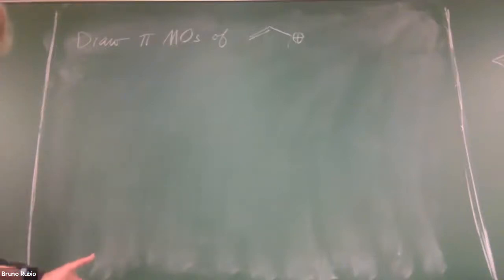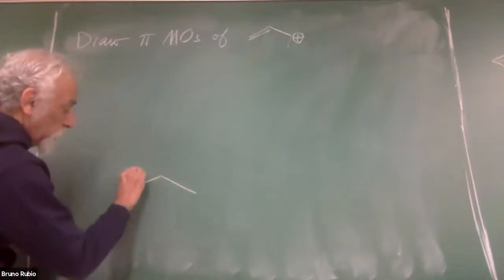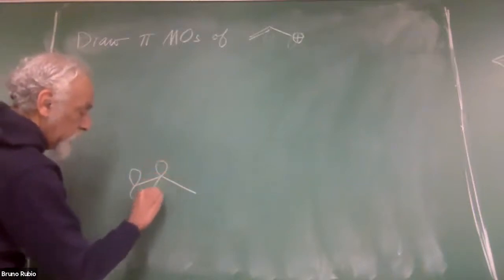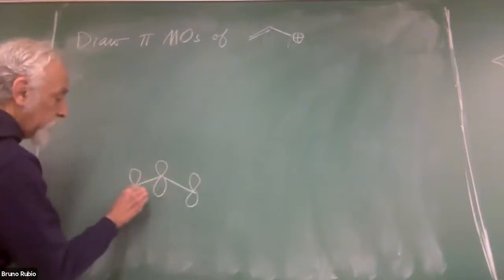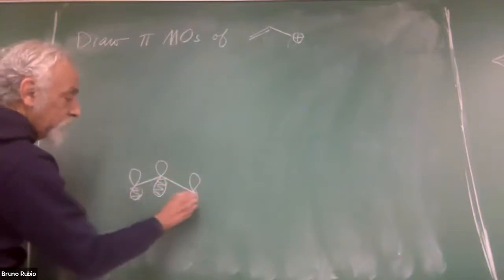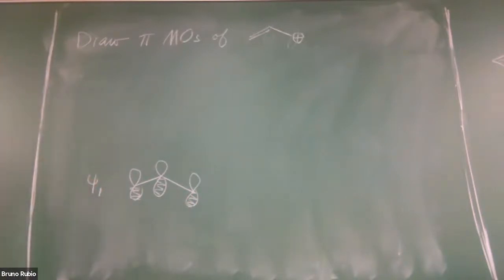The lowest energy pi molecular orbital will have 0 internuclear nodes. So it's going to be something that looks like this. Positive, positive, positive, negative, negative, negative. That's psi1. That's the lowest energy pi molecular orbital with 0 nodes.